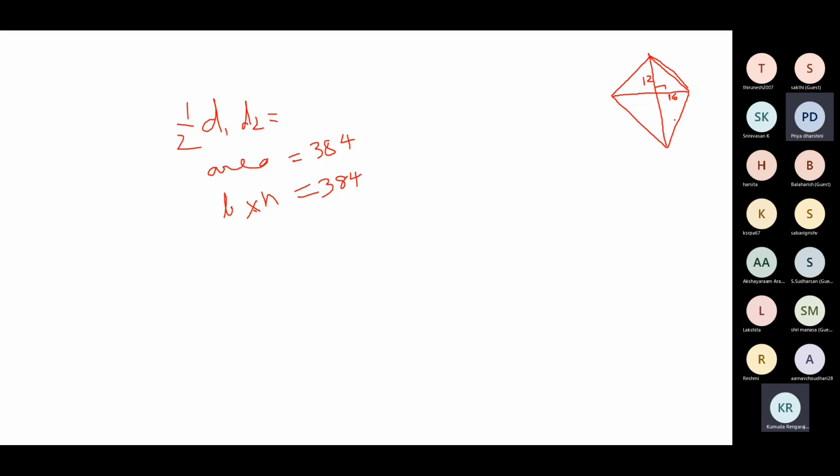So half their lengths, 12 and 16. Base is nothing but the side of the rhombus. So we don't know the side, so we have to find the side using Pythagoras theorem. So what is 16 square, 256 and 144.